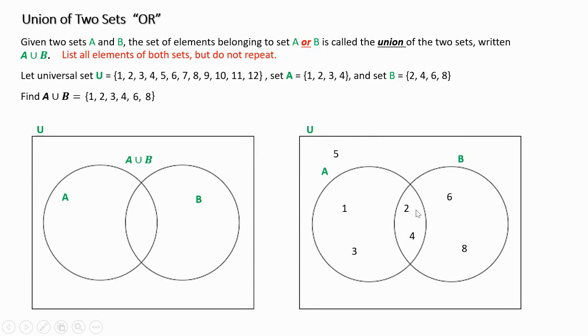The 7 is not here, so we put it out there. The 8 is here already. The 9 is not there, so let's put it out there. The 10 is not there either. The 11 goes on the outside. And the 12 goes on the outside, but inside the rectangle, which means this is the universal set. This whole thing is inside.